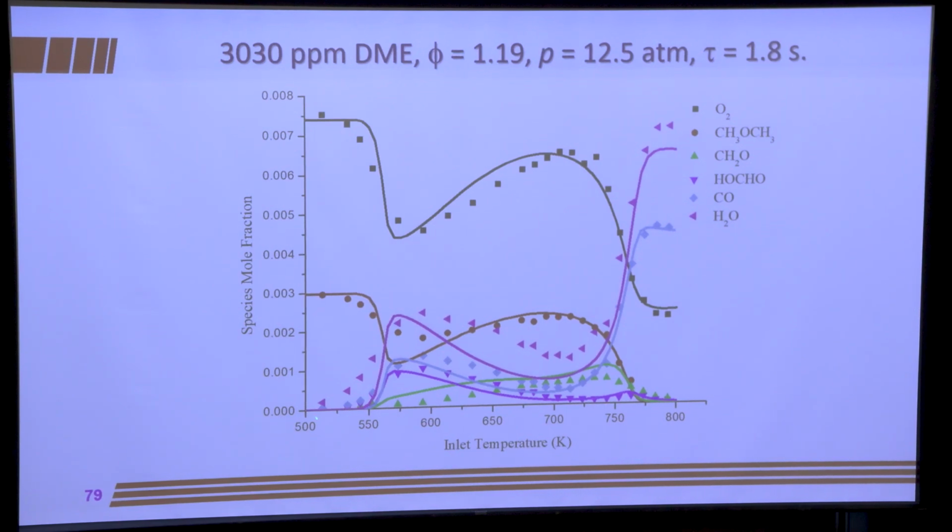Okay, and then she did a sweep again of temperatures, measuring oxygen, the fuel dimethyl ether, formaldehyde, formic acid, CO, and water. And these are the profiles. Again, the points are the experimental results, and the lines are model predictions.